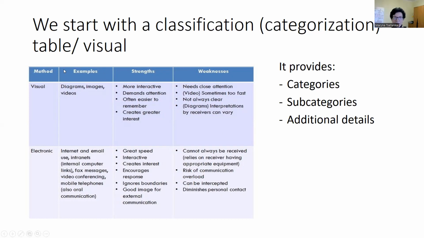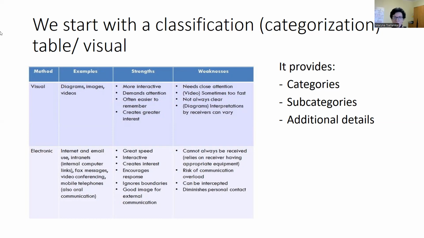It tells us about visual and electronic methods. The examples are given here. Each of the methods has its strengths and weaknesses. We can talk about advantages and disadvantages, or pros and cons, or pluses and minuses.